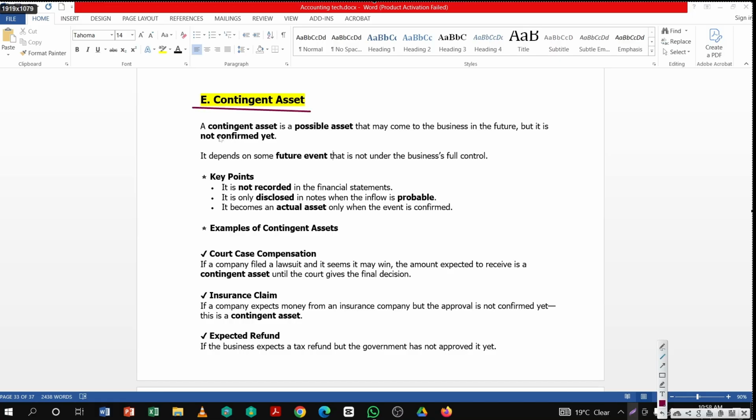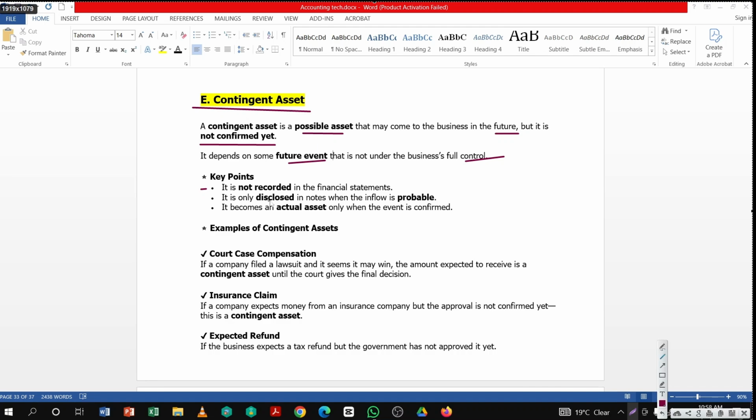Contingent asset. A contingent asset is a possible asset that may come to the business in the future, but it is not confirmed yet. It depends on some future events that are not under the business's full control. Contingent asset is not recorded in the financial statements.